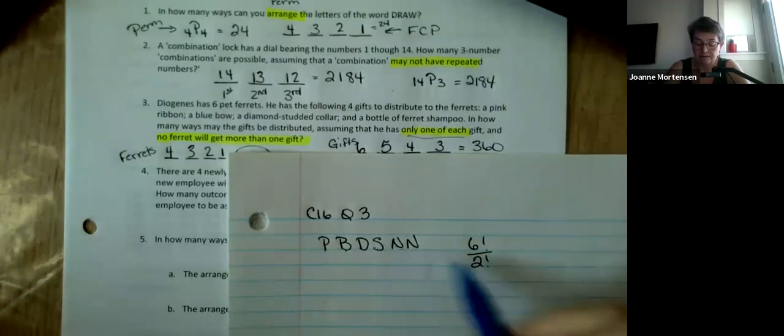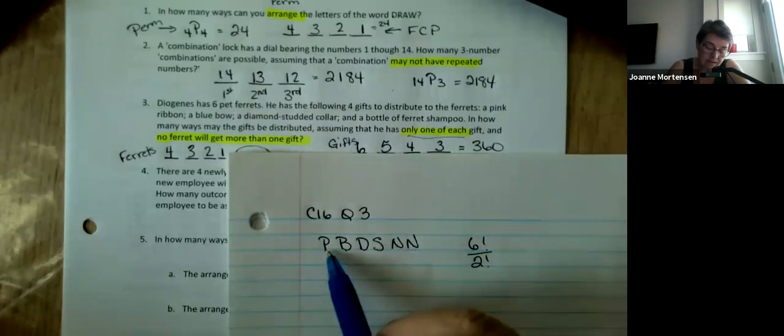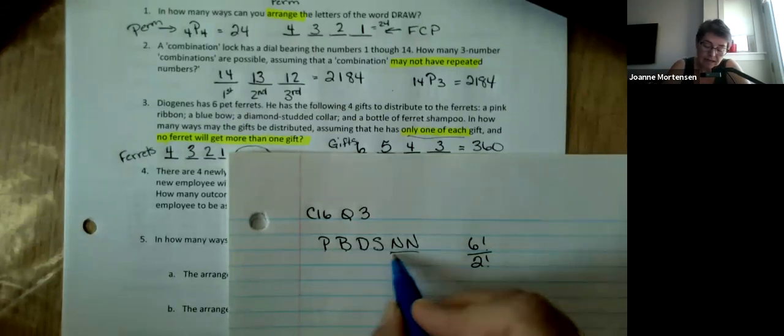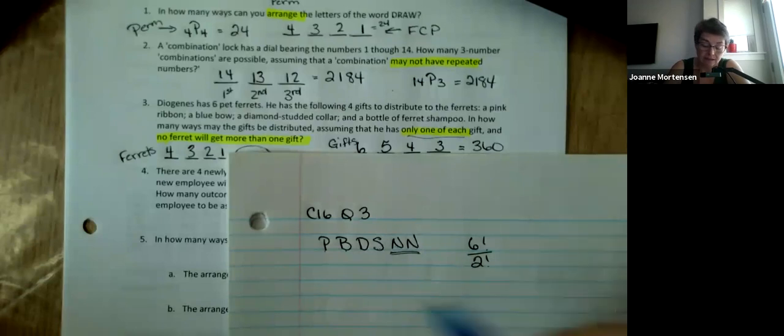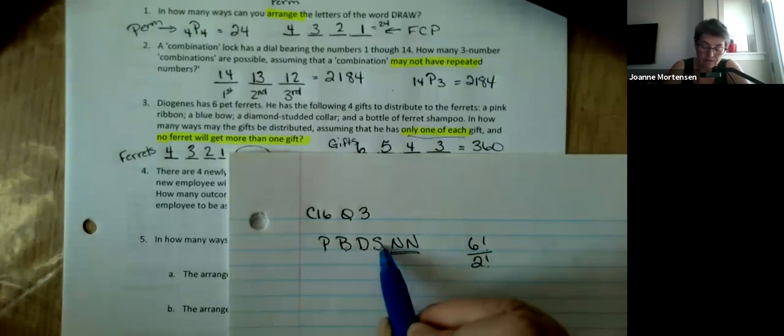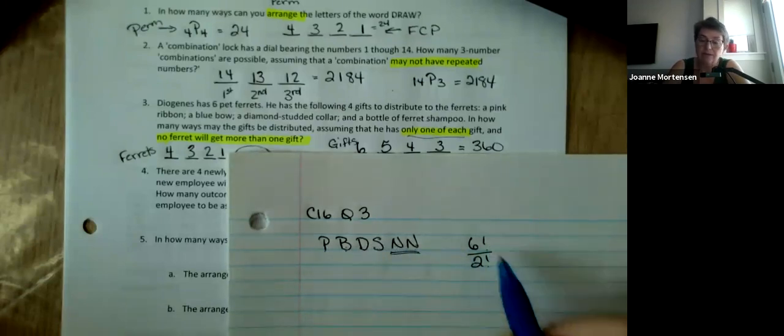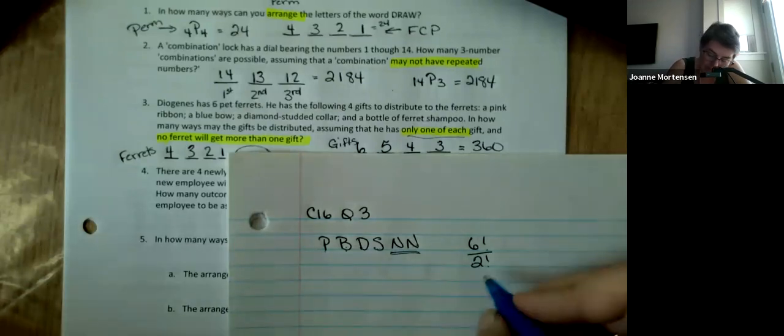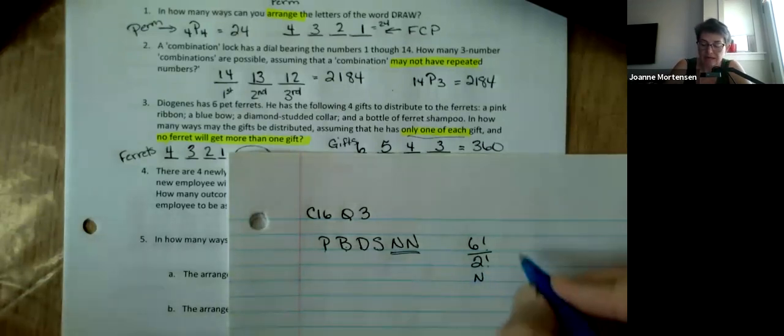So I use that. So then you can think of this as one where the elements are not all different. So 1, 2, 3, 4, 5, 6, factorial. And then a 2 factorial on the bottom for the nothings.